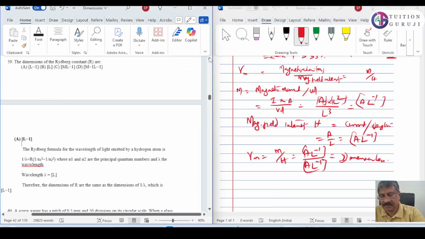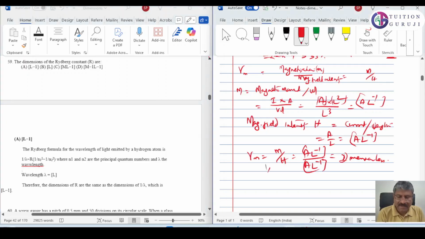The dimensions of Rydberg constant are. So we know that for Rydberg constant, 1 by lambda is equal to Rydberg constant into 1 by n1 square minus 1 by n2 square, where n1 and n2 are the principal quantum numbers and lambda is the wavelength.